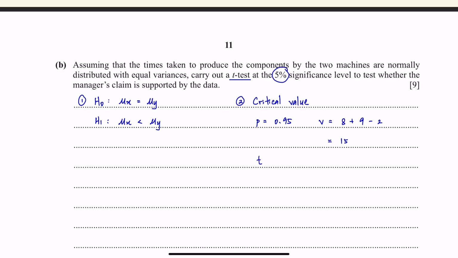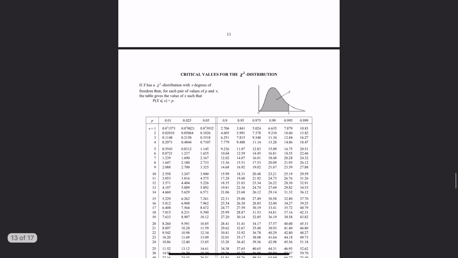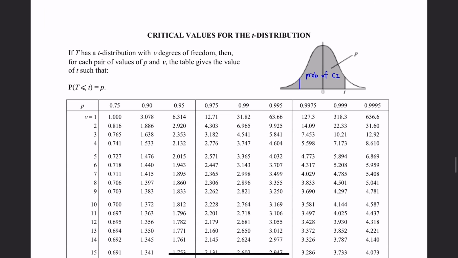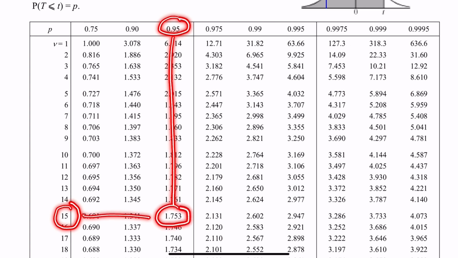So now we need to find the t value using the formula booklet. V is 15 and P is 0.95. So we have our t value would be 1.753.